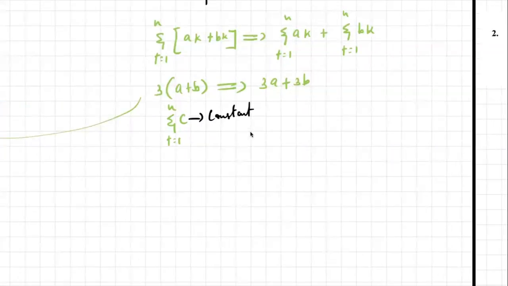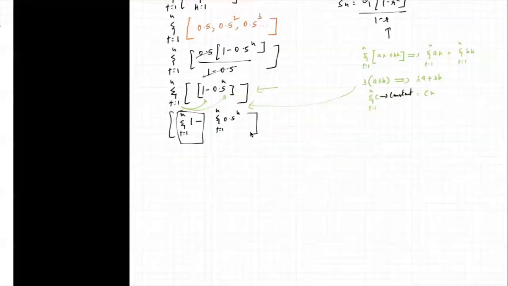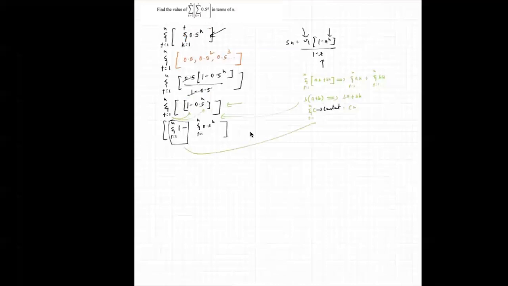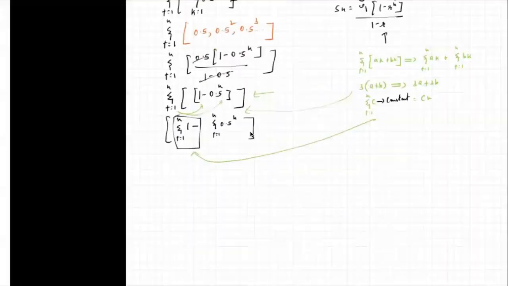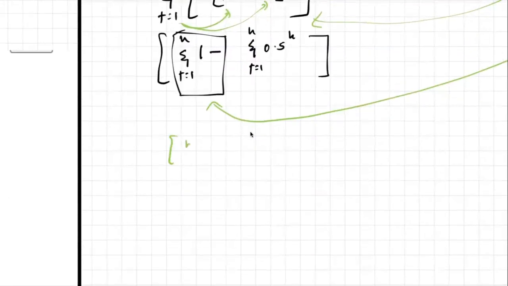You can write this particular part as constant times n, which I'm exactly going to do here, which would be 1 times n, which is n, minus summation where t is equal to 1 goes up to n times 0.5 to the power of n.